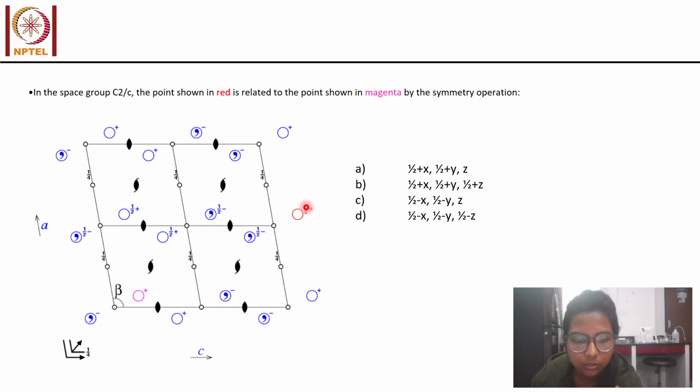It is given as half above, so it means half along y. So combining what we have, half along x, one full along z, and half along y. Now if we look at the options, yes, option A. So were you able to derive this?